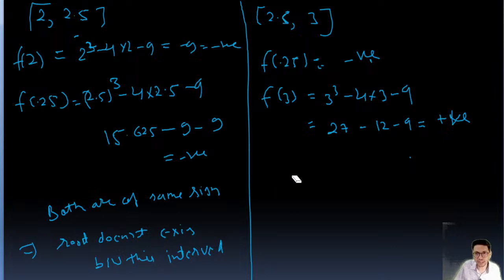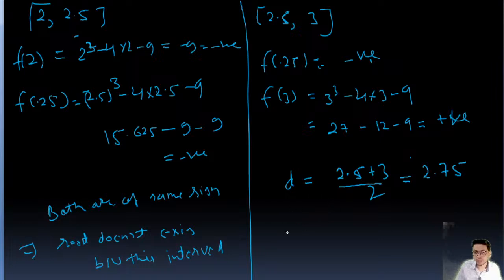So now we'll find this one, D. For D, D is C plus, D is going to be this one, 2.5 plus 3 by 2. So this value is going to be 2.75.